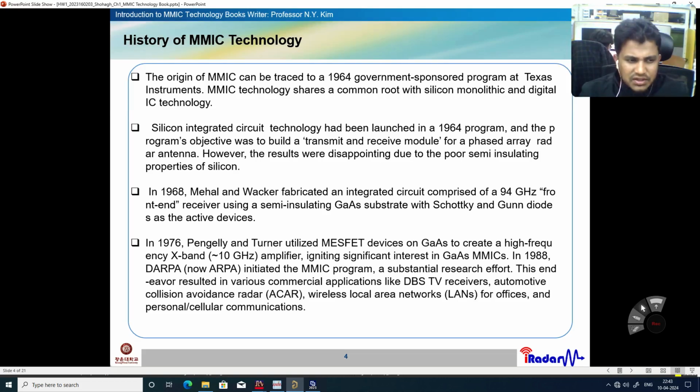This endeavor resulted in various commercial communication applications like DBS, TV receivers, automotive solutions, wireless networks, LANs, office and personal cellular communications. From the word monolithic, we can understand a single stone, narrow in size, operating in the microwave frequency range.